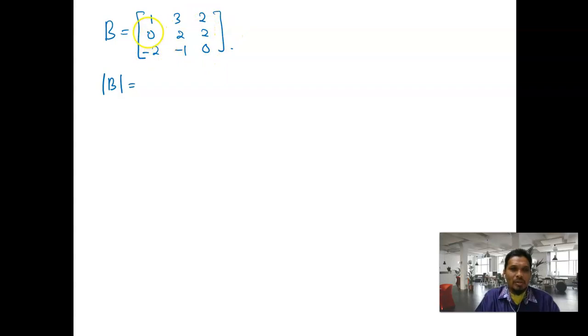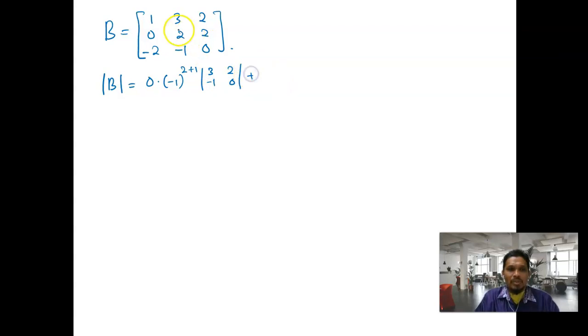Okay, so we're going to choose row number 2 first with 0 and then multiply with negative 1 to the power of, okay, this is a row 2, column 1, 2 plus 1. And hide element in row 2 and column 1, you get 3, 2, negative 1, 0.